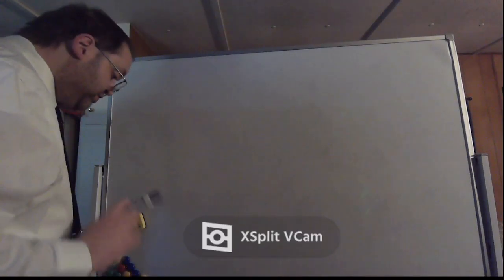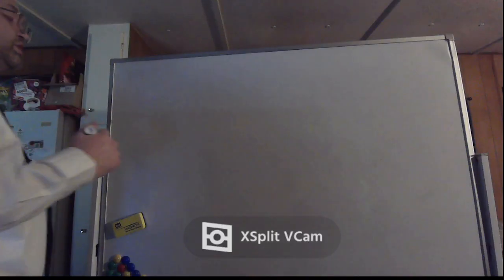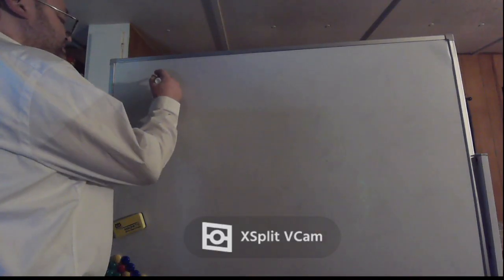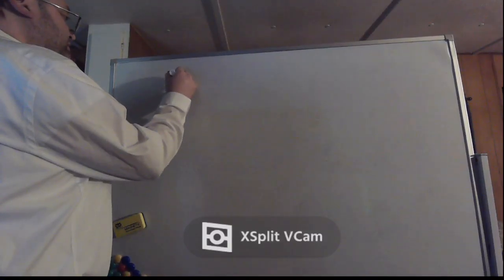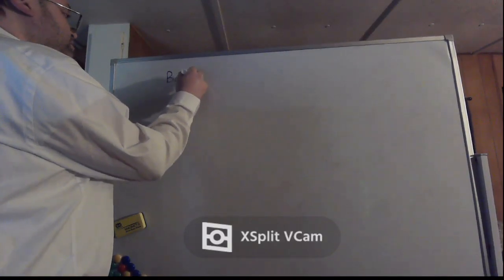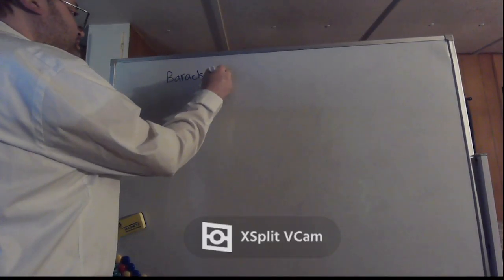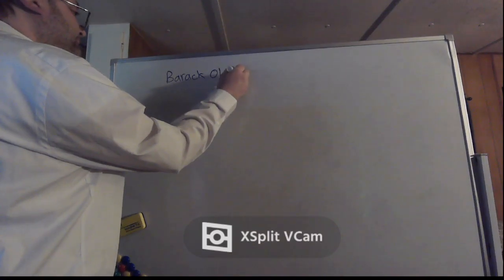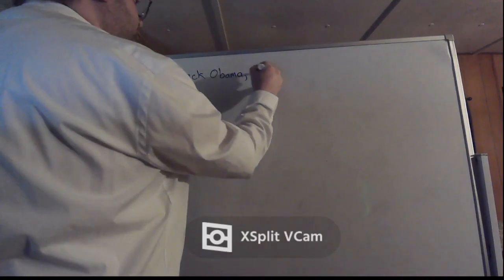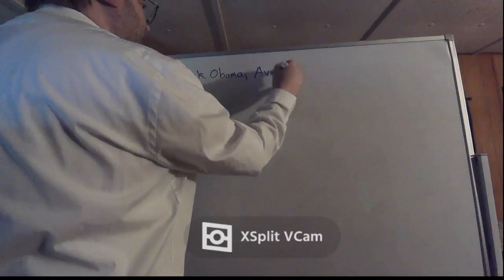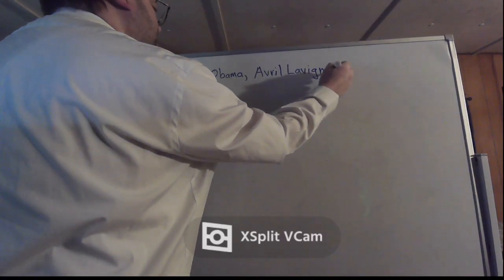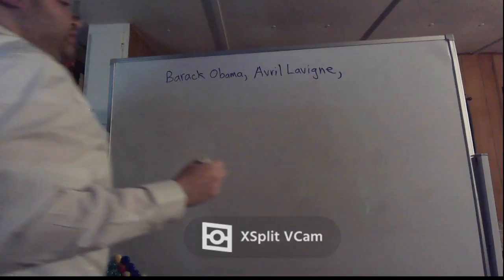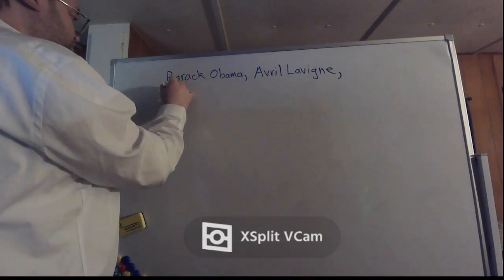We can also do fractions with a list of names, or with a list. So I'm going to make up some names here. Well, they're going to be real people. Let's see. We have Barack Obama, Avril Lavigne, who else? George Bush.